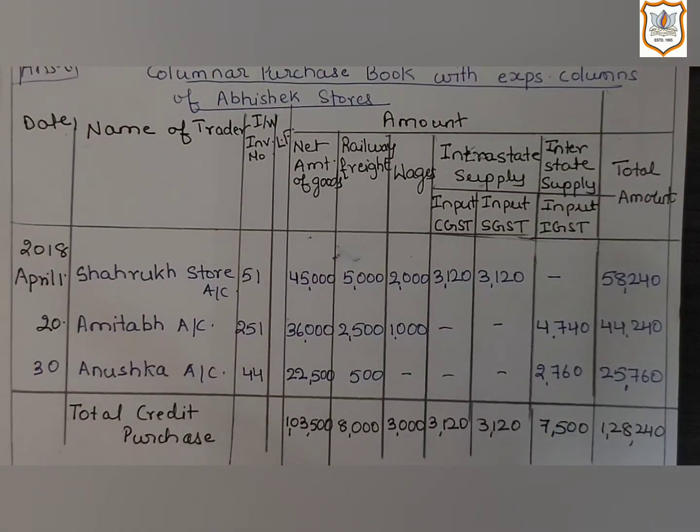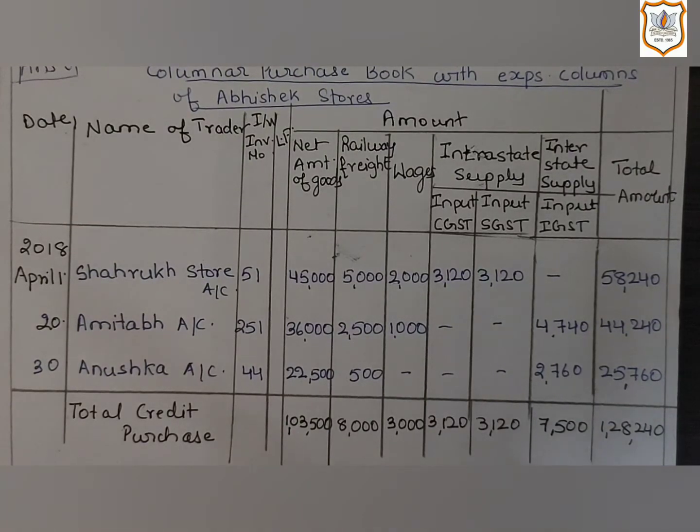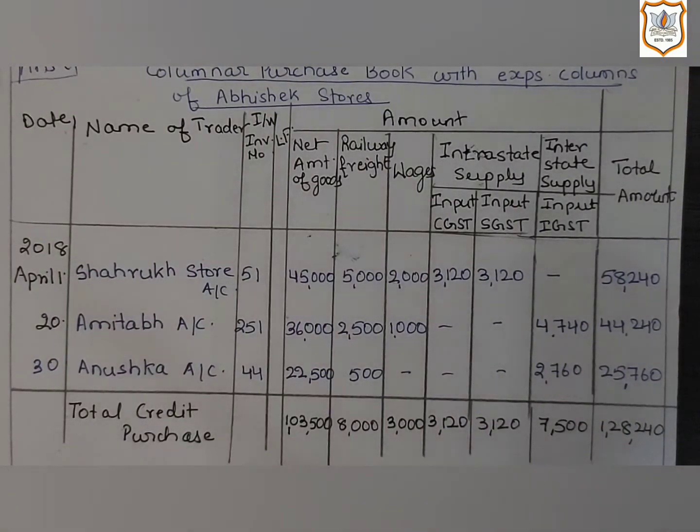See, we are preparing the purchase book of Abhishek stores of Rajkot. That means that the store is in Gujarat. Now in the first transaction nothing is mentioned about the place where Shahrukh store is located. So in the absence of that information, we have to consider it in the same state.